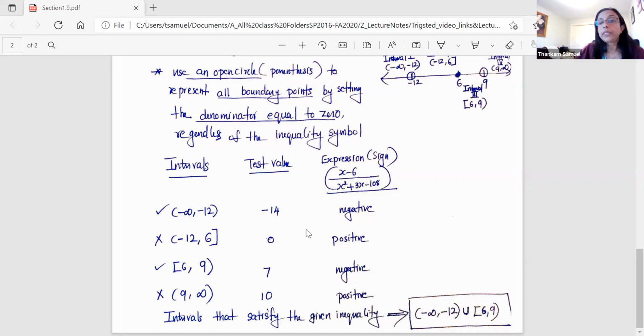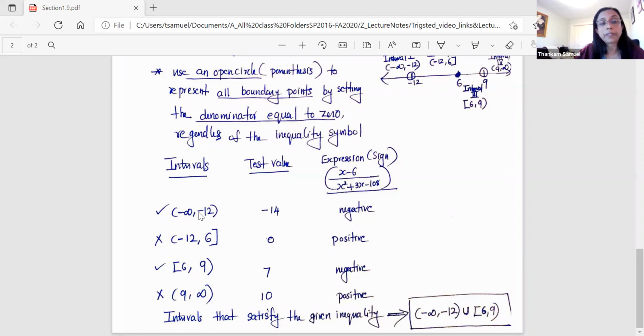The next step is to choose a test point from each of these intervals. You can choose any point between the endpoints of the interval. For convenience, I am going to choose negative 14 from the interval negative infinity to negative 12.